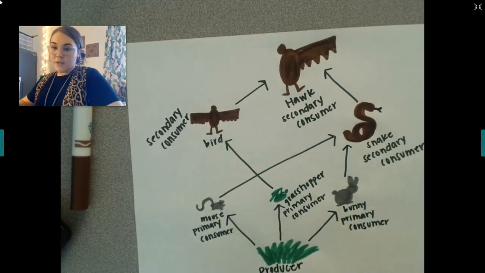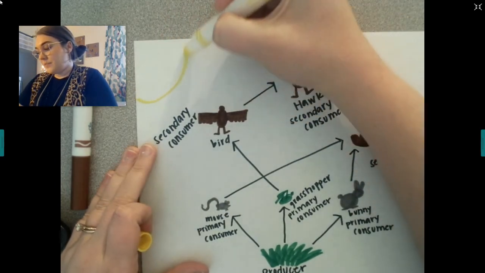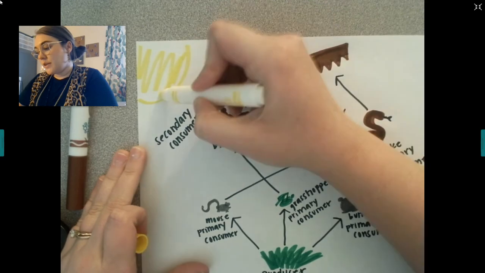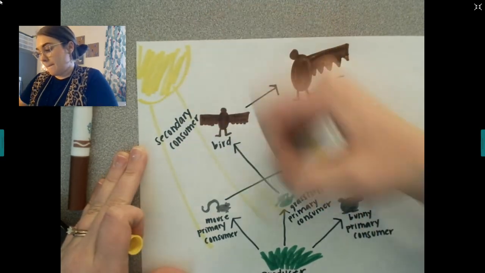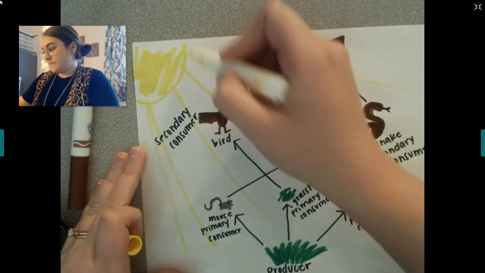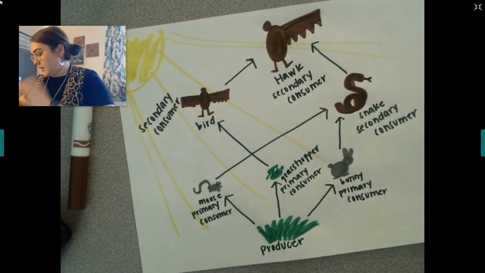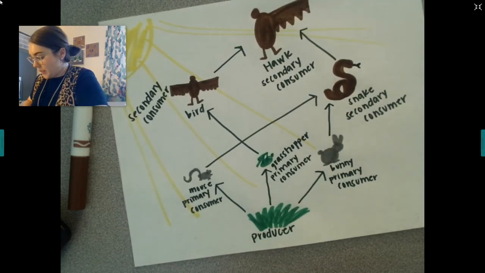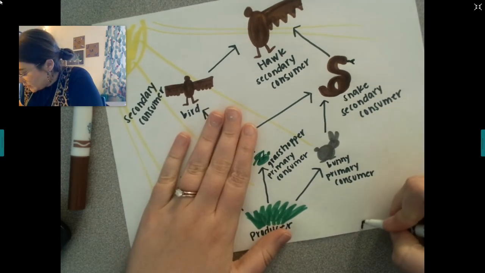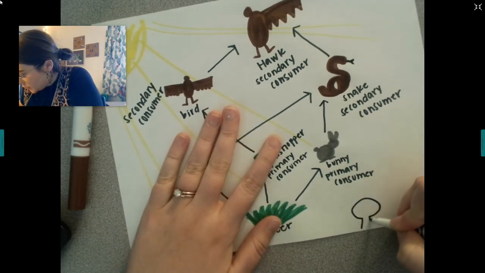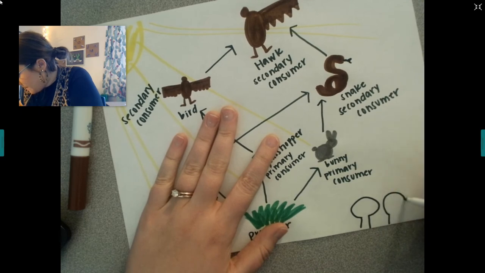All right, so we know that the sun starts off all of this. So we're going to draw our sun. And down here, I'm going to draw a couple of mushrooms because mushrooms are fungi.